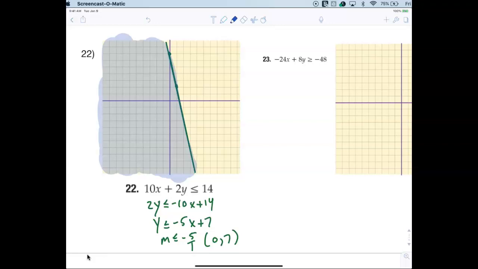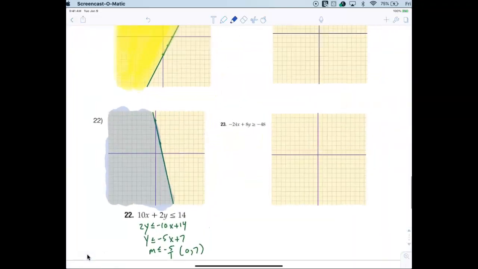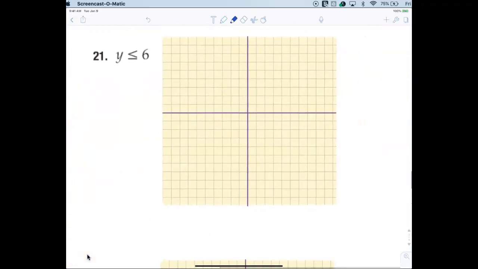So if I had, for example, 21, y equals 6, we automatically know that's just 1, 2, 3, 4, 5, 6. You're supposed to remember that it's a horizontal line. Because it's a horizontal line, now less than is probably what? Okay, below. Nothing to it. Everybody good with that? All right, everybody okay?